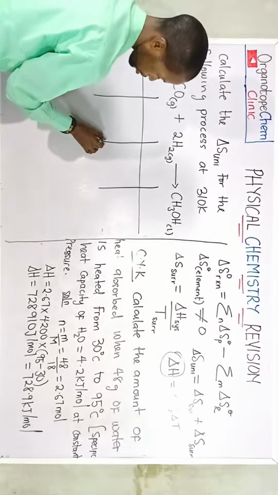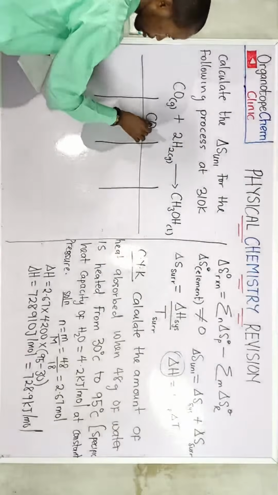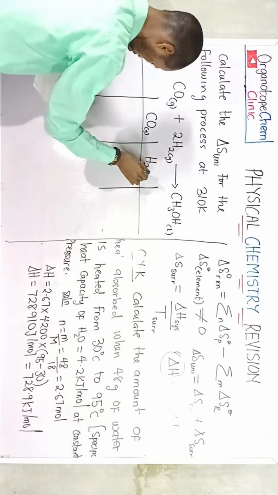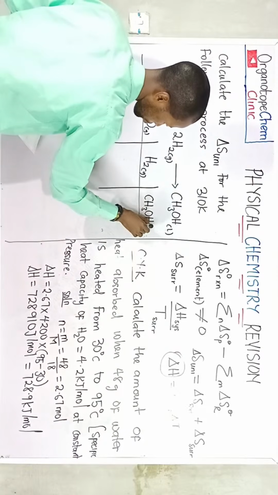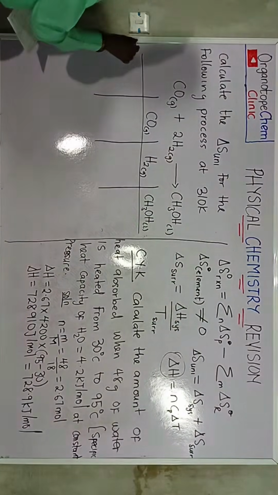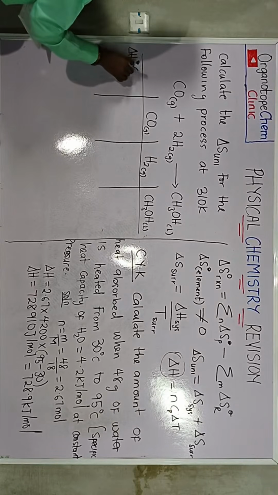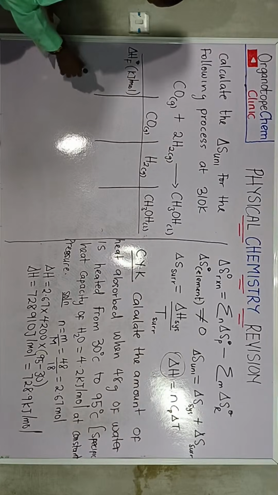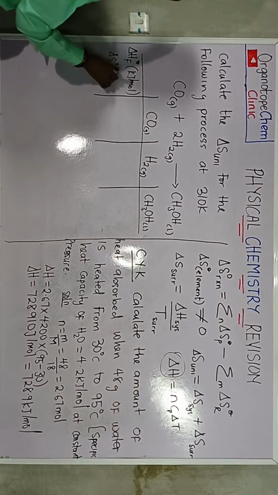Don't be scared of the table. This is a very simple question. For CH3OH, we have delta H formation in kilojoule per mole. We have delta S in joule per mole.